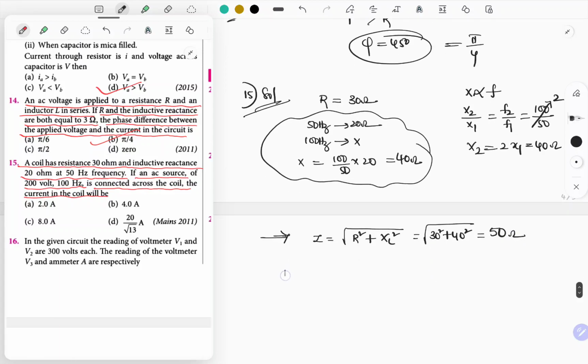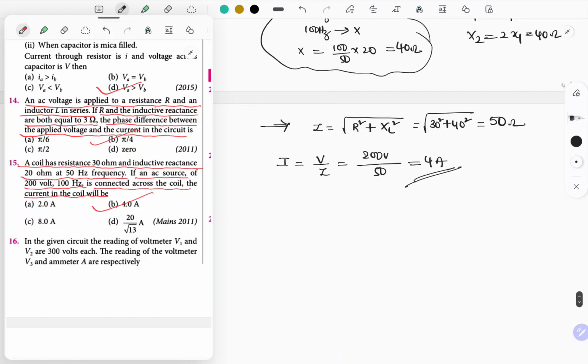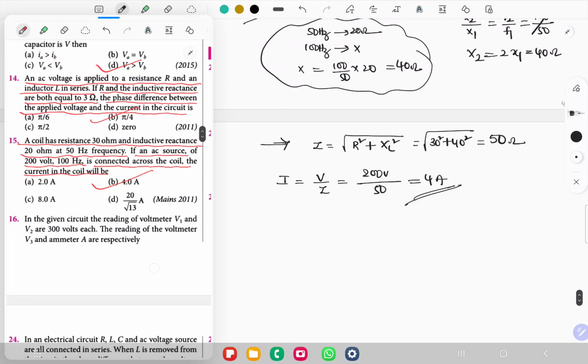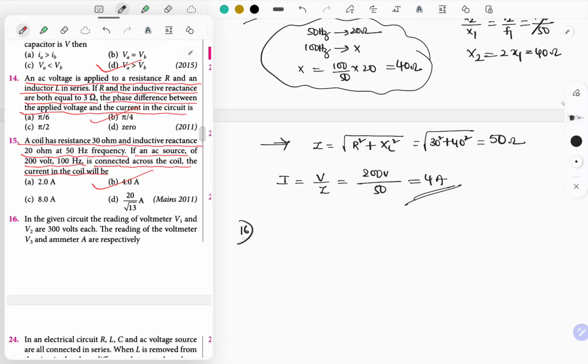Now I need current. I is equal to V by Z. The value of V given is 200 volt. So 200 volt divided by 50 is equal to 4 ampere. Option B is the suitable answer. Got it? Next, question number 16.